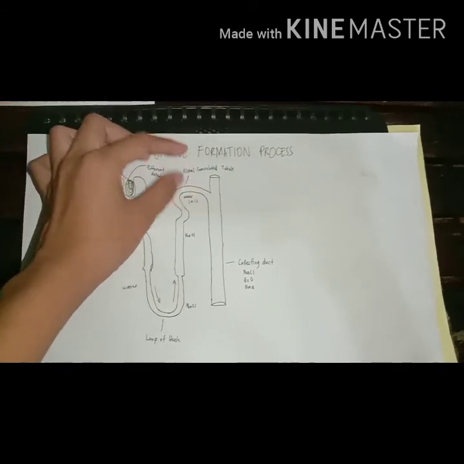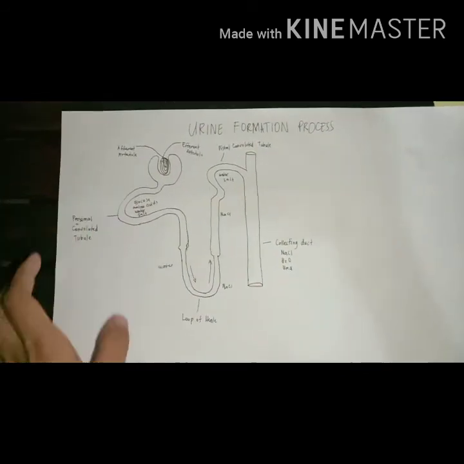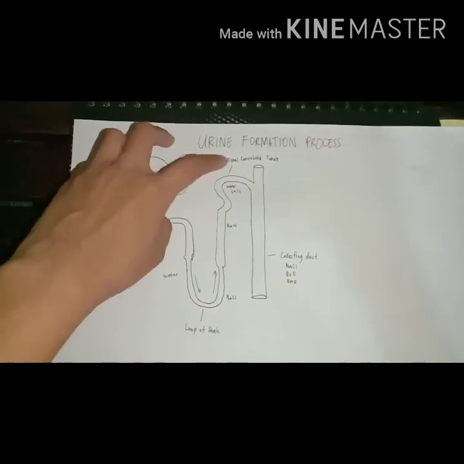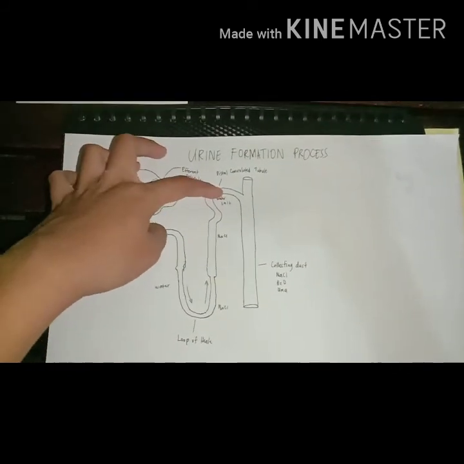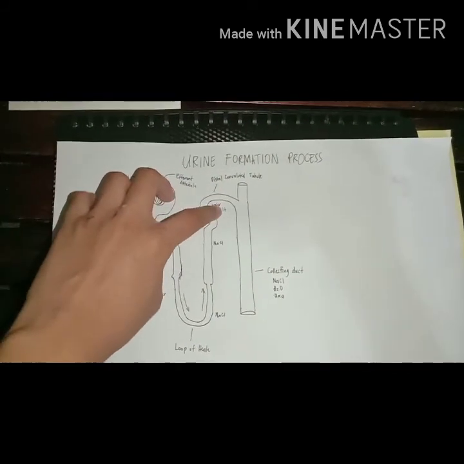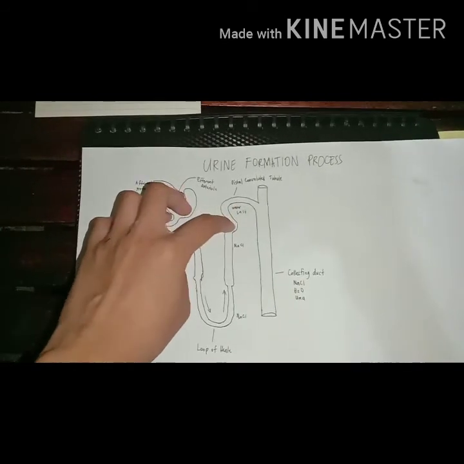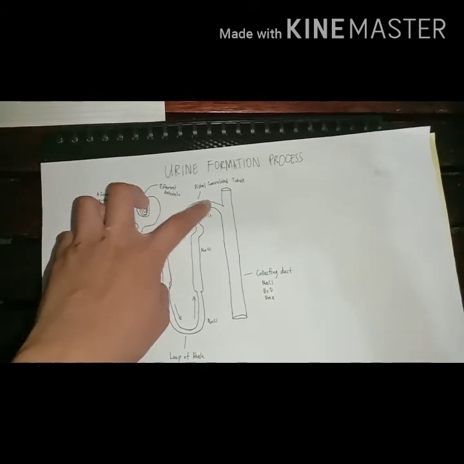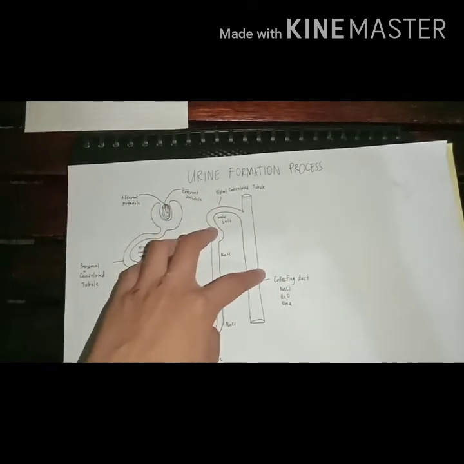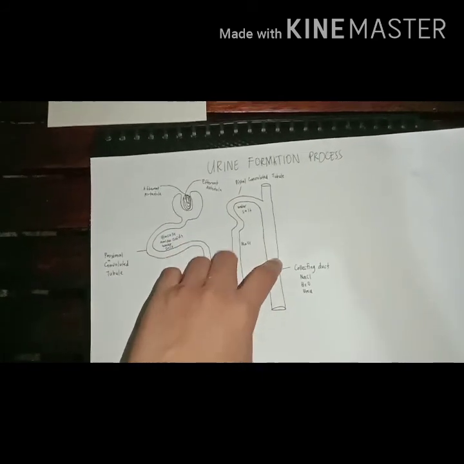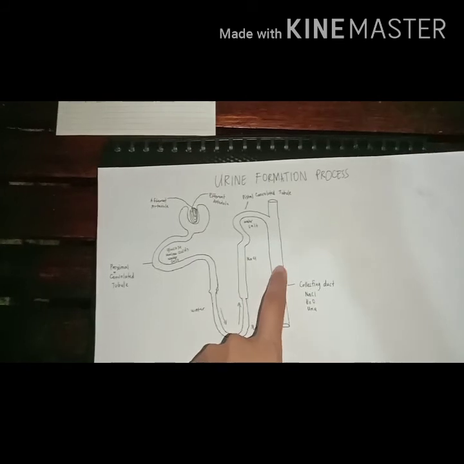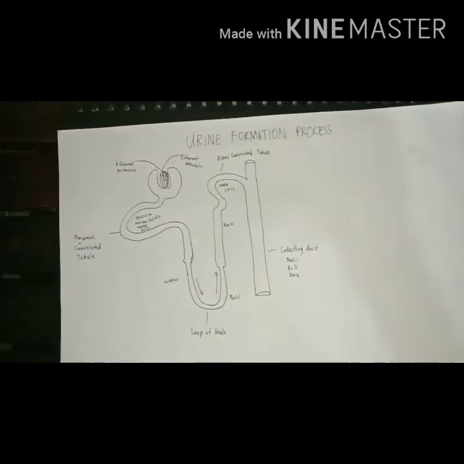In the distal convoluted tubule, the water is reabsorbed by the process of osmosis, and the salt is reabsorbed by diffusion. Then it goes to the collecting duct, in which the water is being reabsorbed by osmosis.